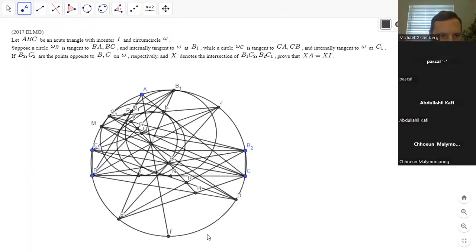I think C1MB. I know I already did that one. C1MC2 and B1JB2. I think that might be it. C1MC2, B1JB2.